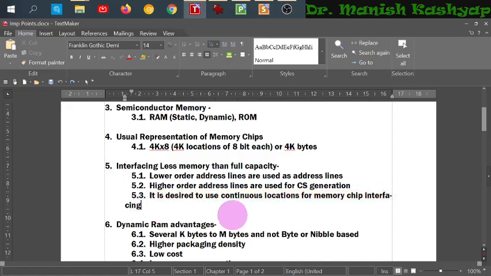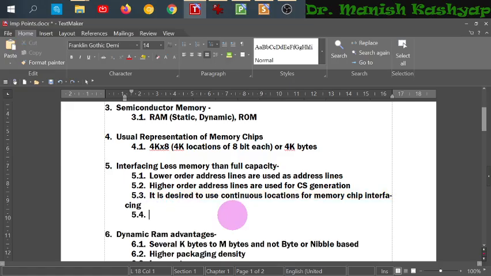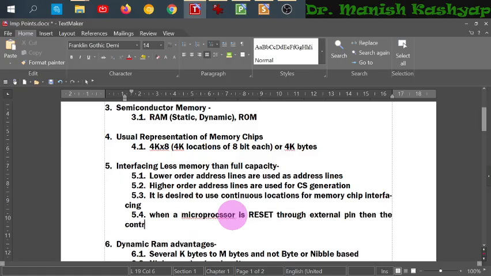And I would also like to keep one more point here, that when a microprocessor is reset through external pin, then the control is transferred to FFFF0 in hexadecimal, right?